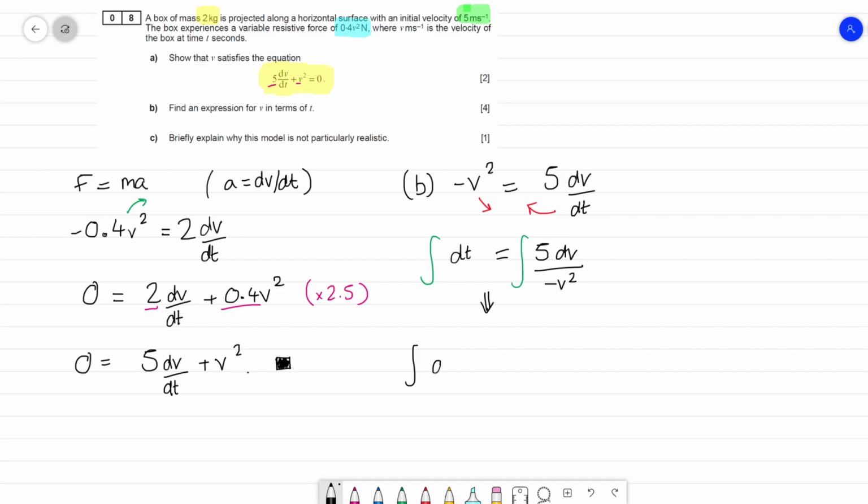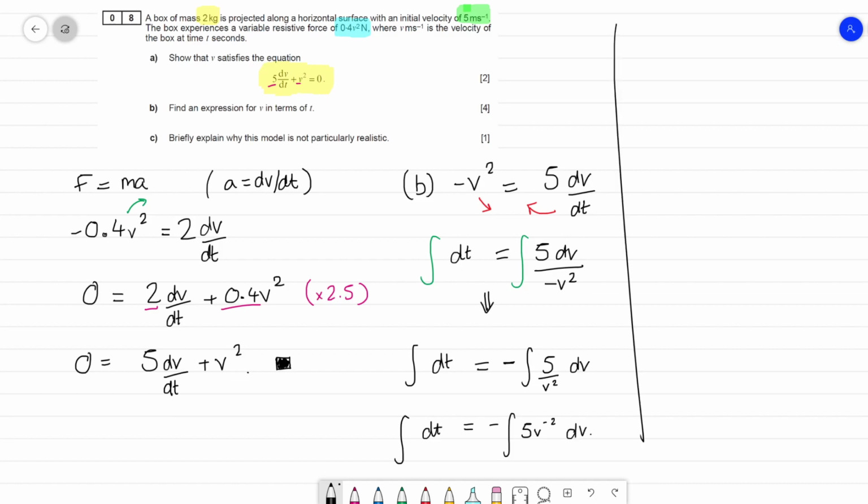So we've got the integration of dt there. And let's take the minus out. 5 over v squared here. I can write that a little bit better. I can write that as 5v to the minus 2. Okay, let's integrate that.